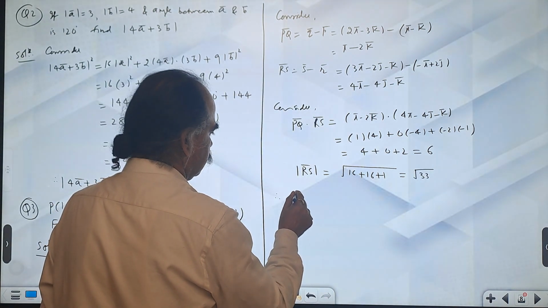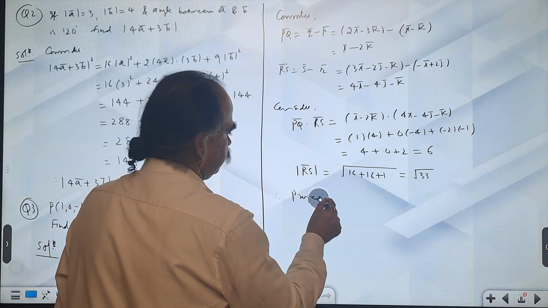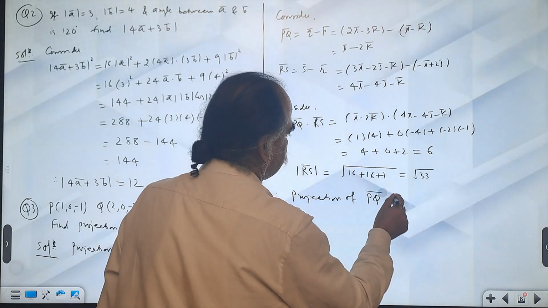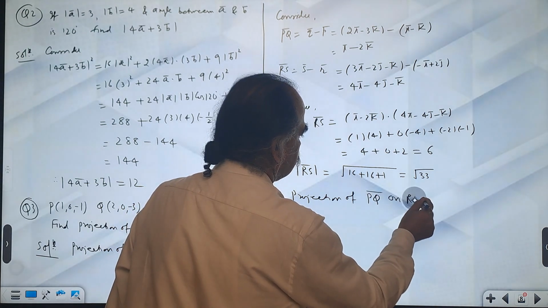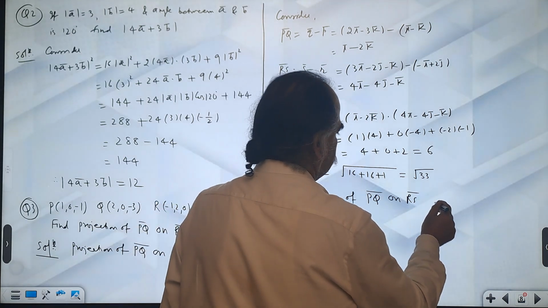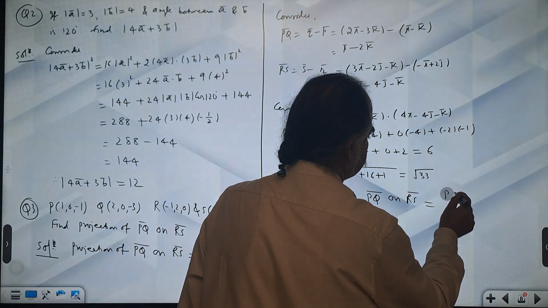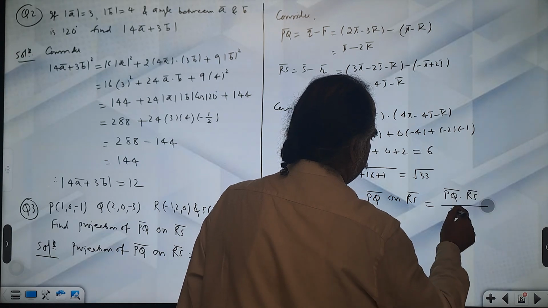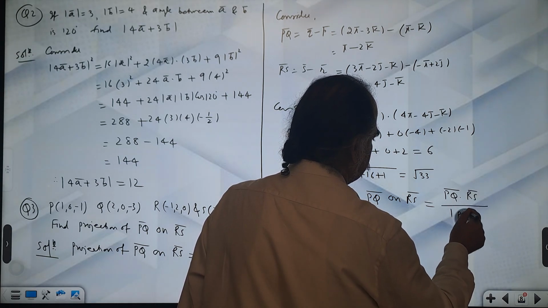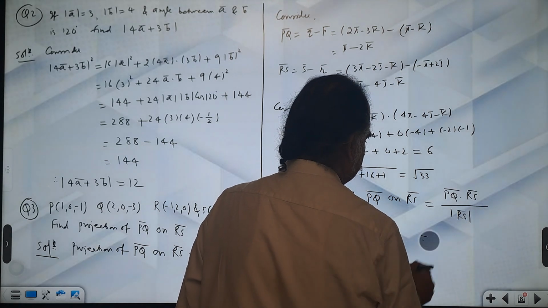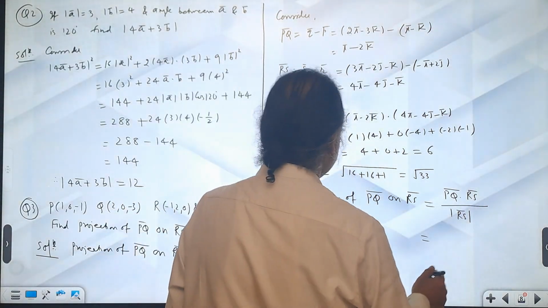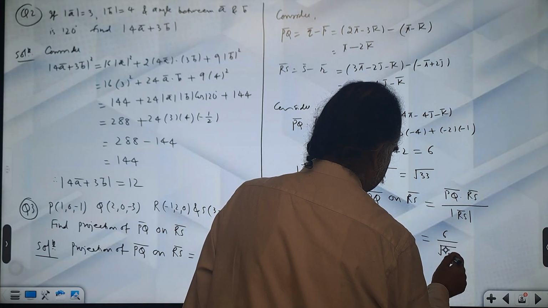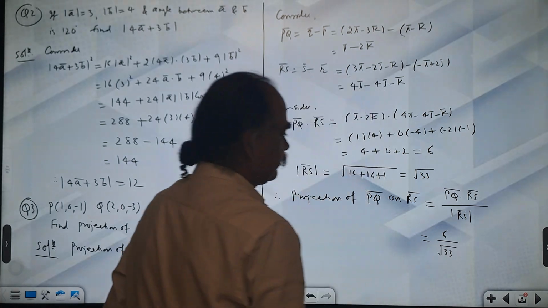Therefore, projection of PQ bar on RS bar is equal to PQ dot RS upon mod RS bar. PQ dot RS is what? 6 upon root 33.